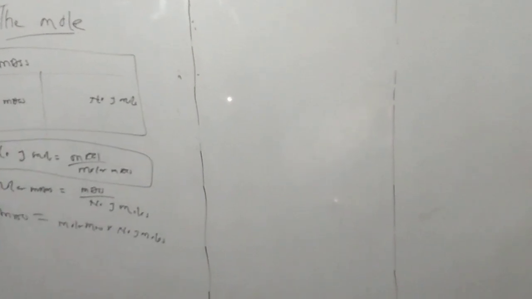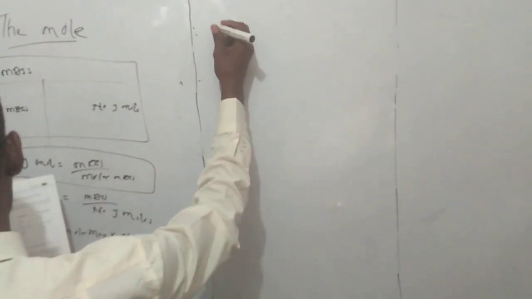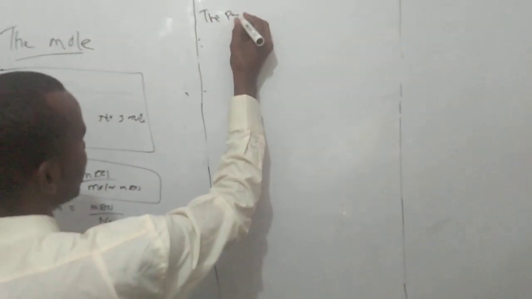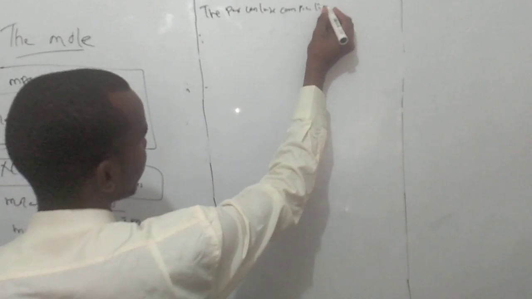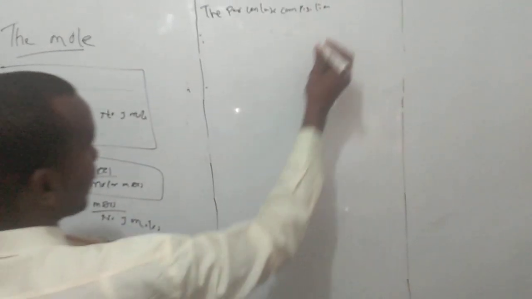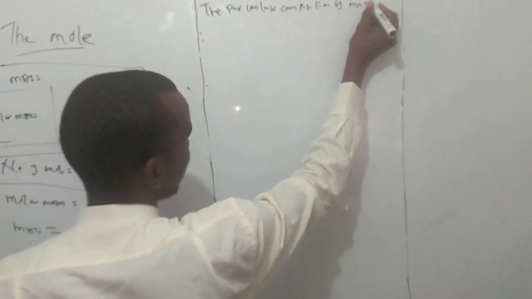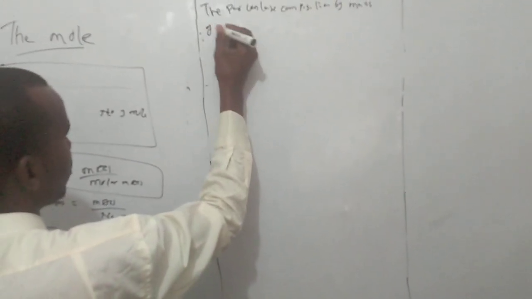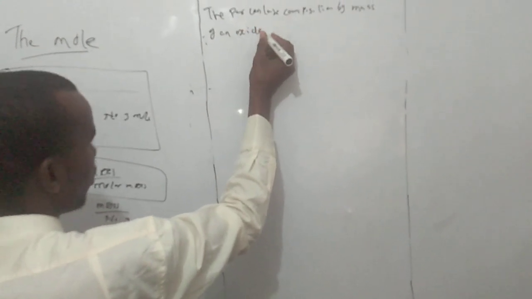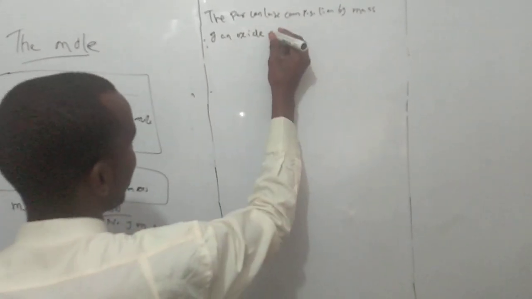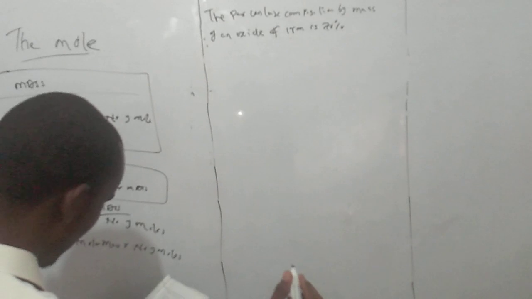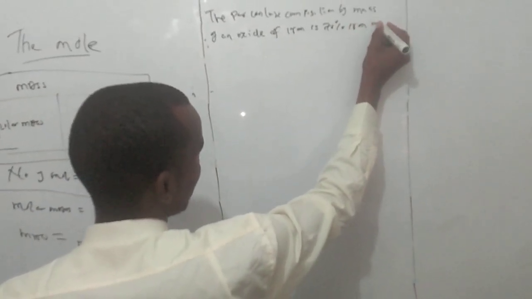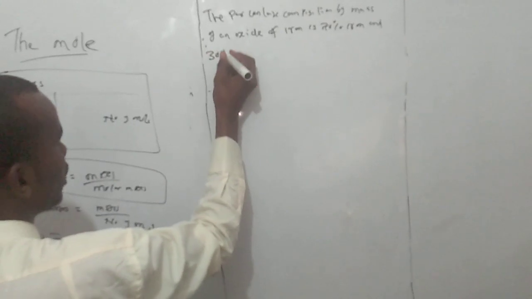Now I want to write a simple illustration here. The percentage composition by mass of an oxide of iron is 70% iron and 30% oxygen.